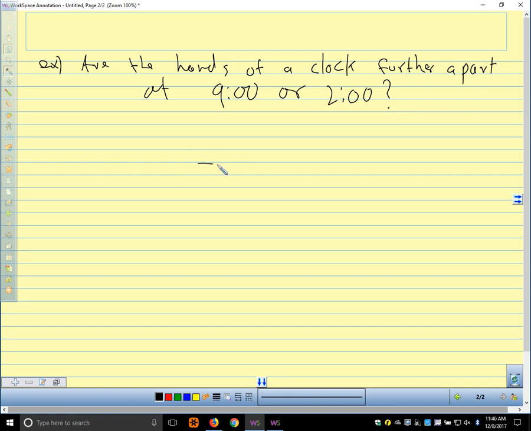Well, here's 9 o'clock, and there's 2 o'clock. The hands are the same length, so when are they going to be further apart? At 9, because this angle is bigger.